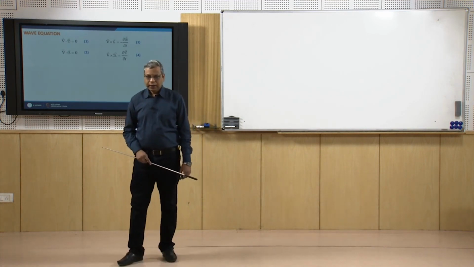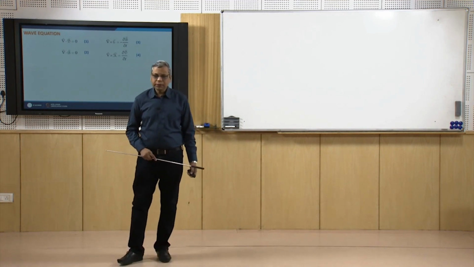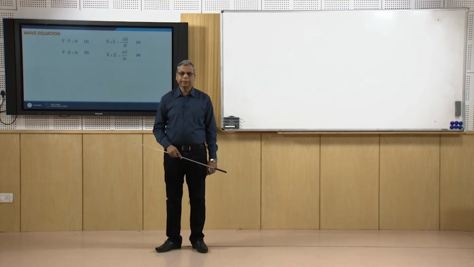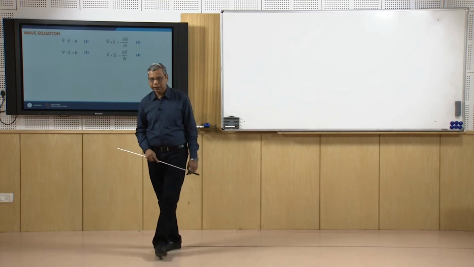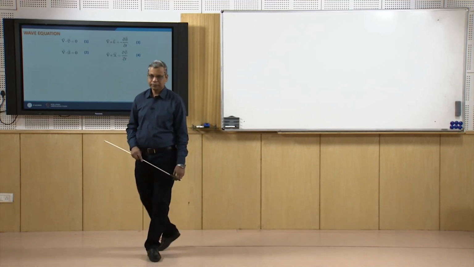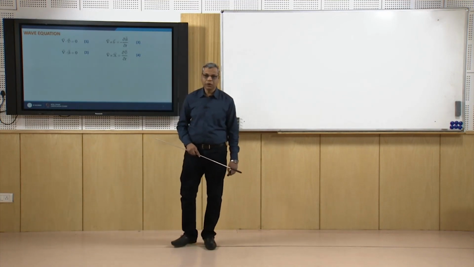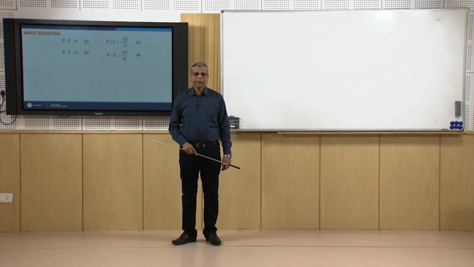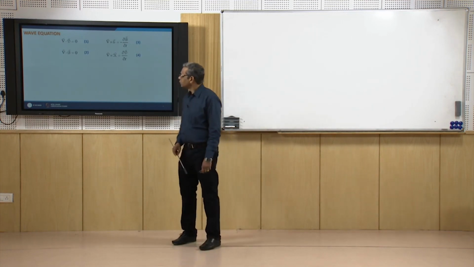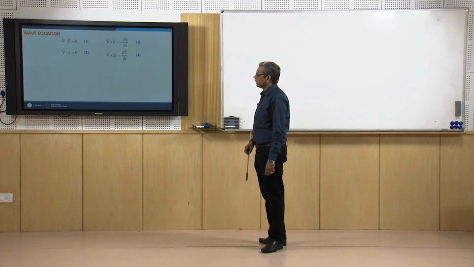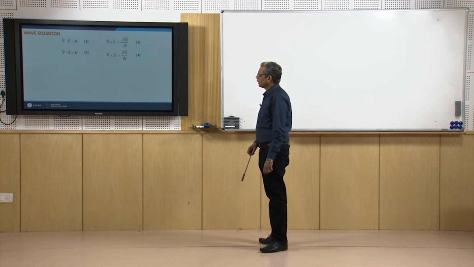So, basically I want to find out how the electric and magnetic fields associated with the light waves vary with the spatial coordinates and with time. For that I need to form a differential equation in E and a differential equation in H, which can tell me how E and H vary with x, y, z and t.